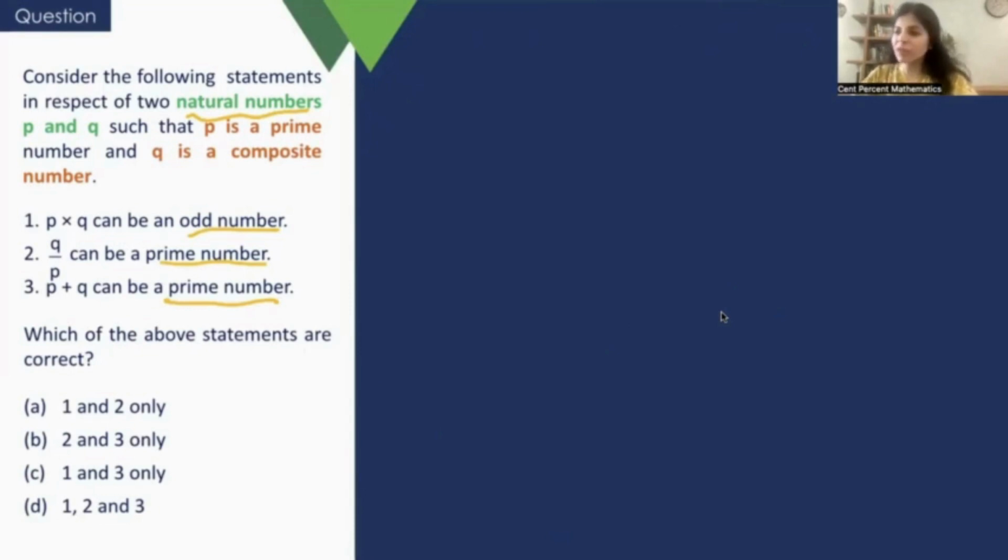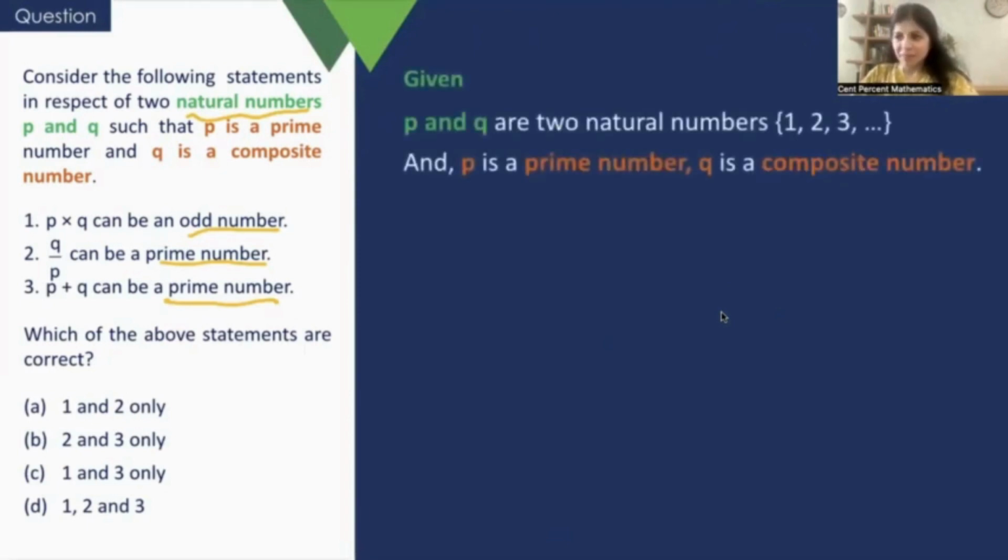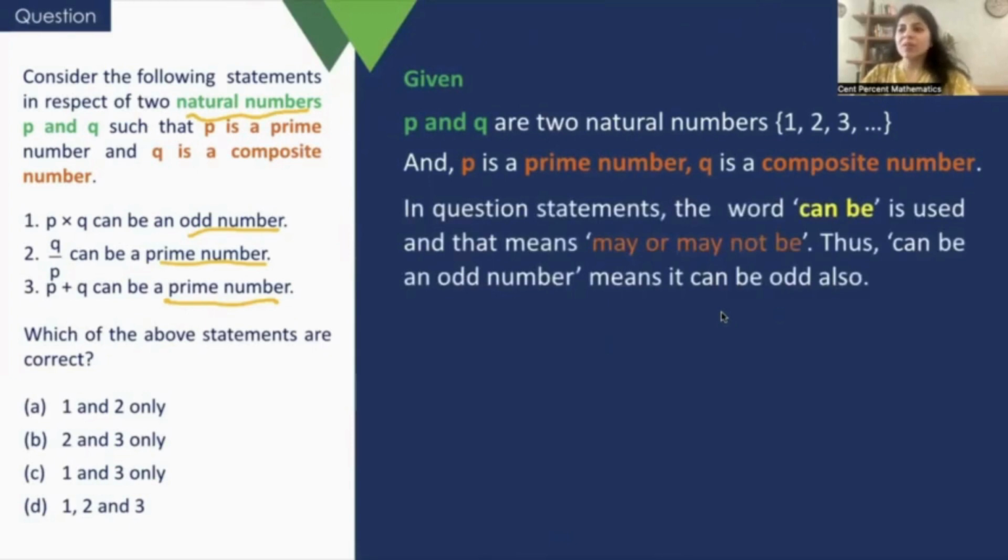Now, a very important thing you need to understand is that P is a prime number, Q is a composite number, and P and Q are any two natural numbers. What are natural numbers? They are 1, 2, 3, and so on. Now, there is a very interesting point in this question, which is the use of the words "can be".